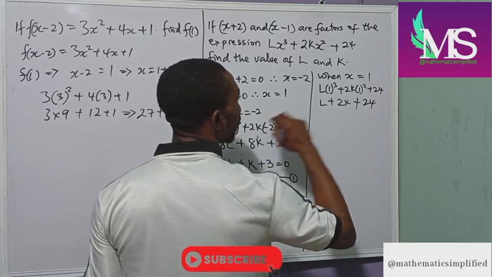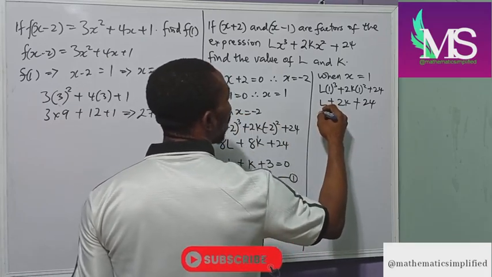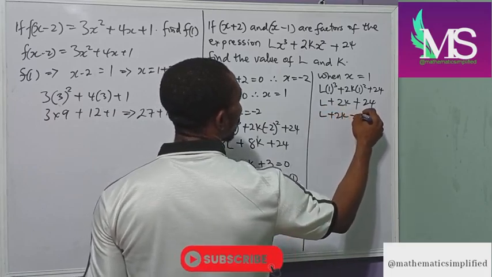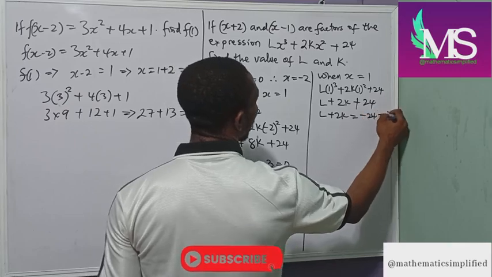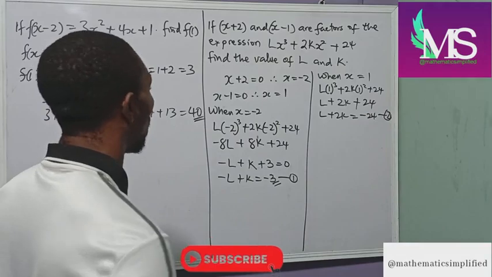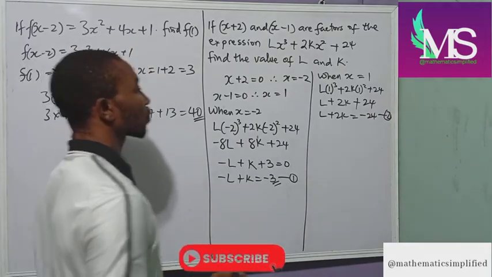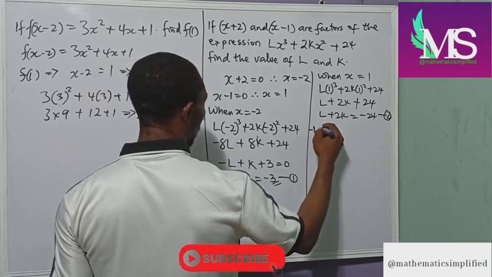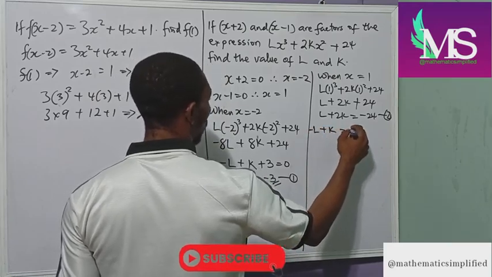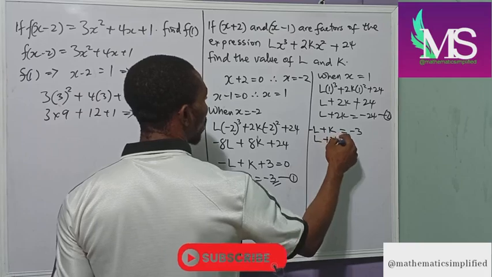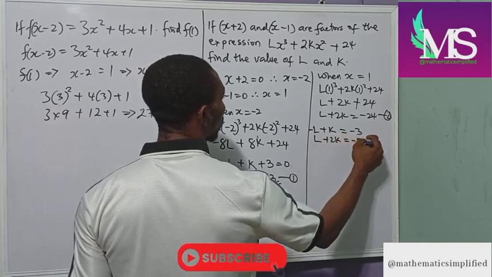Okay, so we're having L plus 2k equals minus 24, equation 2. Now I'm bringing our two equations together: minus L plus k equals minus 3 and L plus 2k equals minus 24.